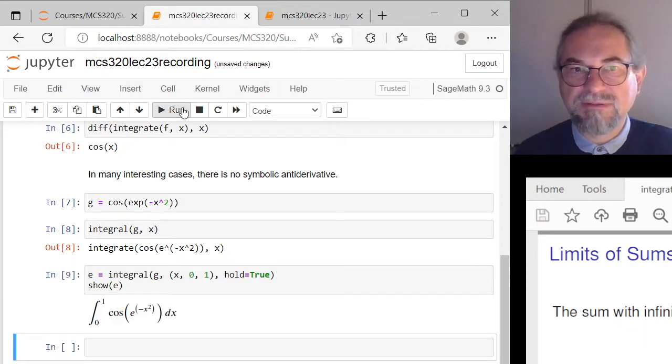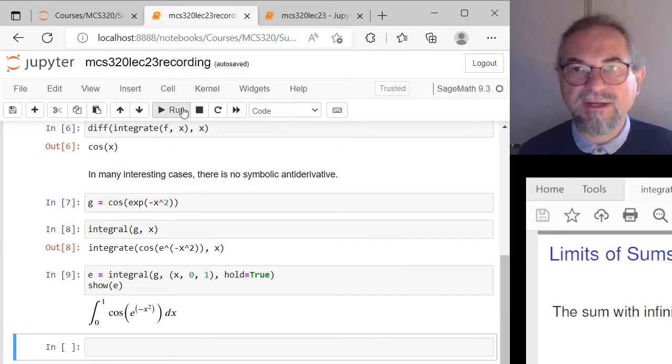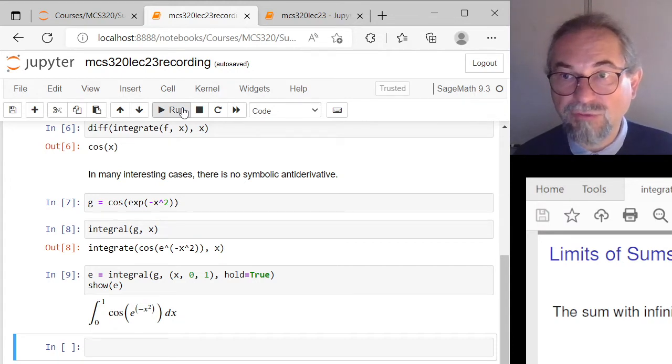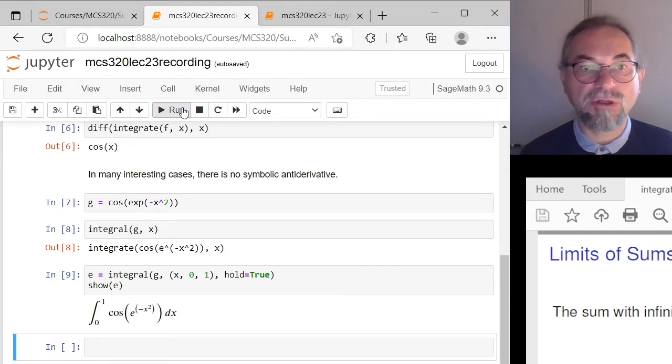Sometimes it will take a while for SageMath to figure out that there is no symbolic antiderivative. So you can save yourself the wait by holding off on the evaluation. This is, by the way, also very useful if you want a symbolic representation of the integral.